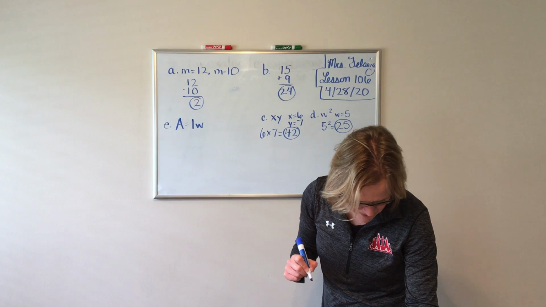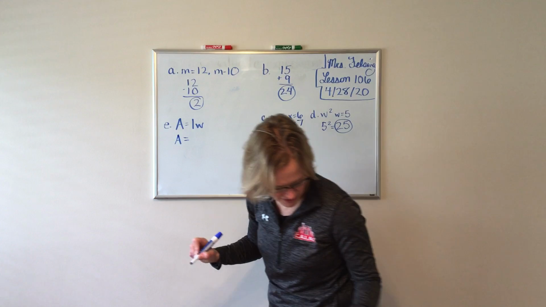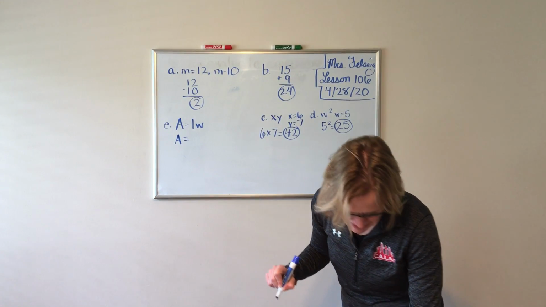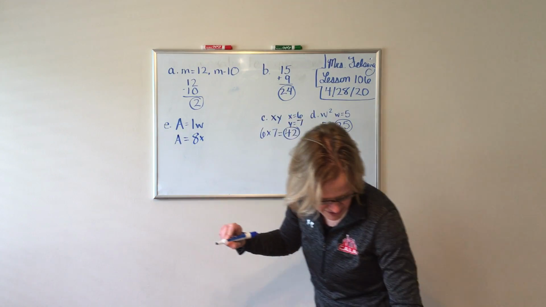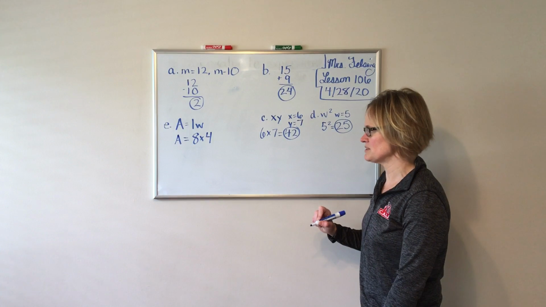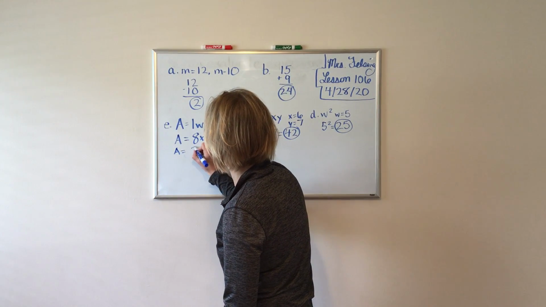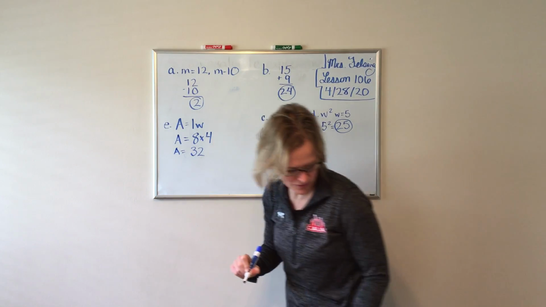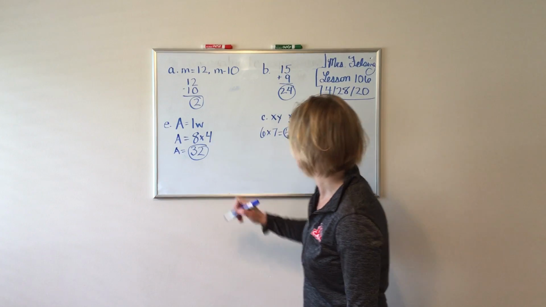Then what is A when L is 8 and W is 4? So area equals 8 times 4. 8 times 4 is 32. And there's your answer. Awesome.